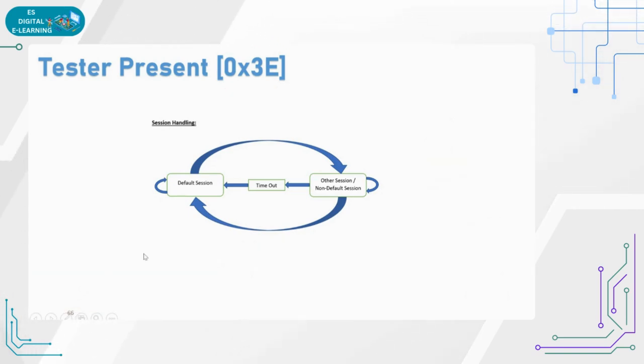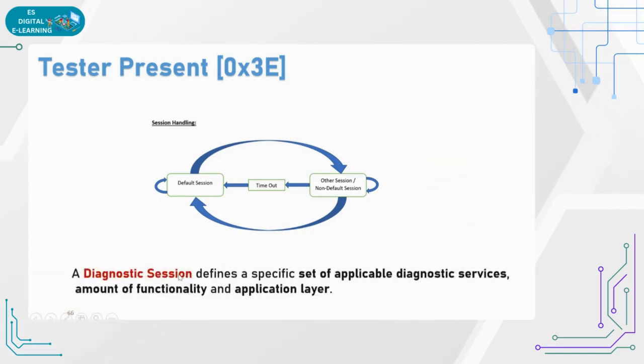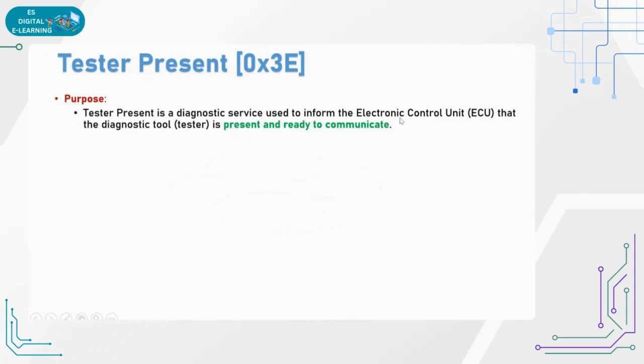Okay, so let's consider the TesterPresent. This is specifically for the software to work on the different layers and functionalities. The purpose of the TesterPresent is to keep the session alive.